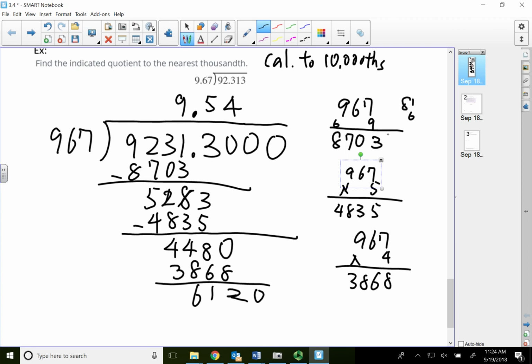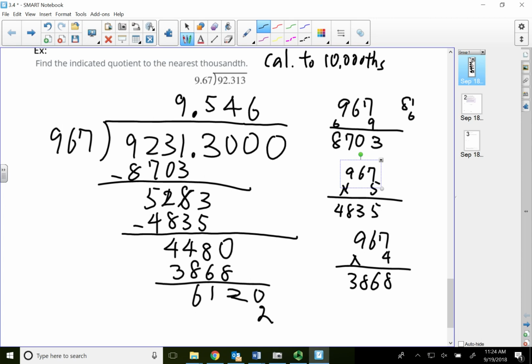So probably use 9 going into 61 about 6 times. All right, 6 times 7 is 63, so that's too big already. So let's try with 6 times. 6 times 7, we can do it on the side, or we can do it right here. 6 times 7, 42.